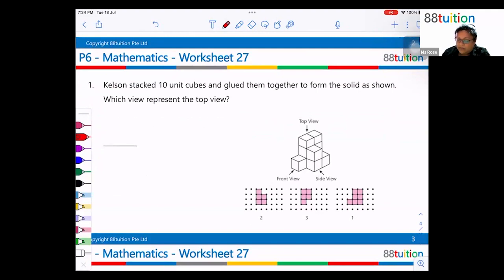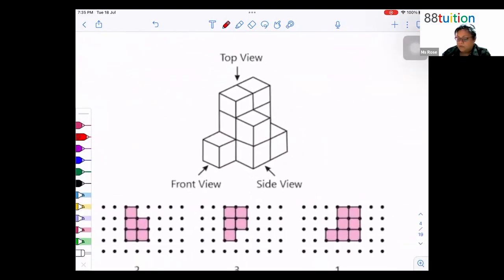So you have here, Calcium stacked 10 unit cubes and glued them together to form the solid. Which view represents the top view? So if you look at the top view here, can you see this?